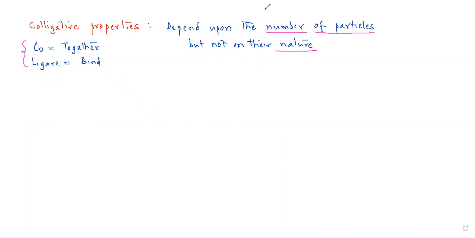Now, what are the colligative properties? The first one is relative lowering of vapor pressure, or LVP. Better if we consider only this LVP, based on which we can explain two more.